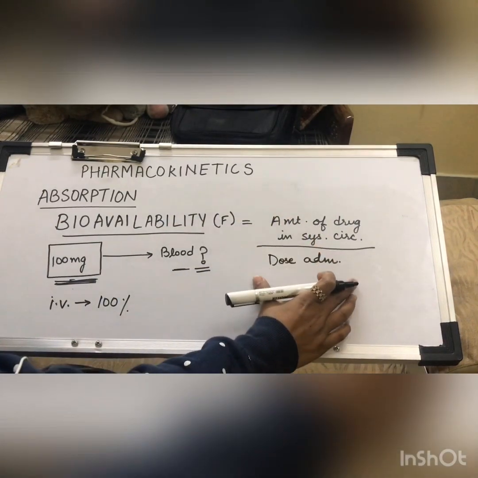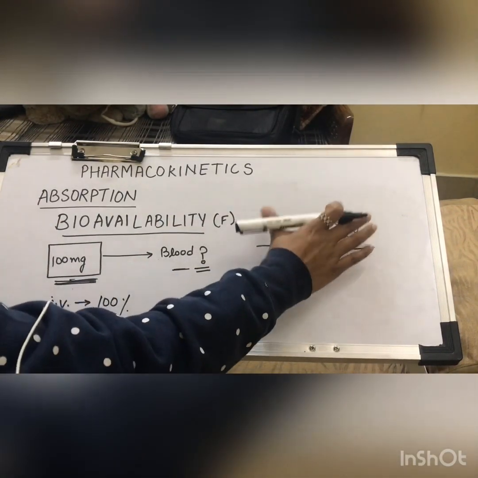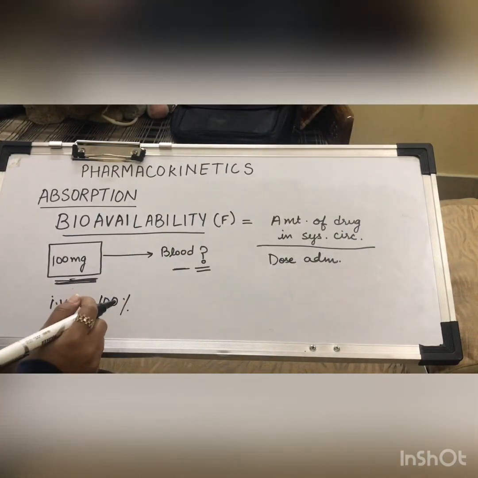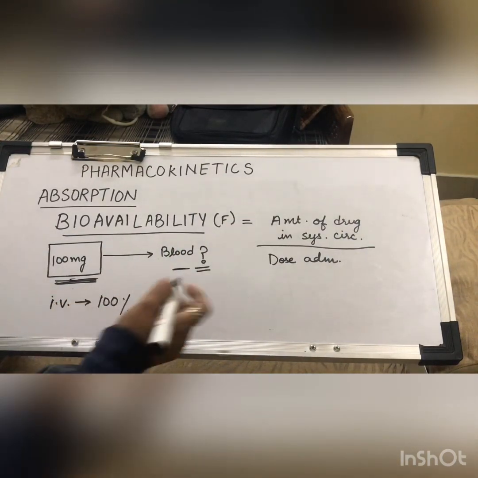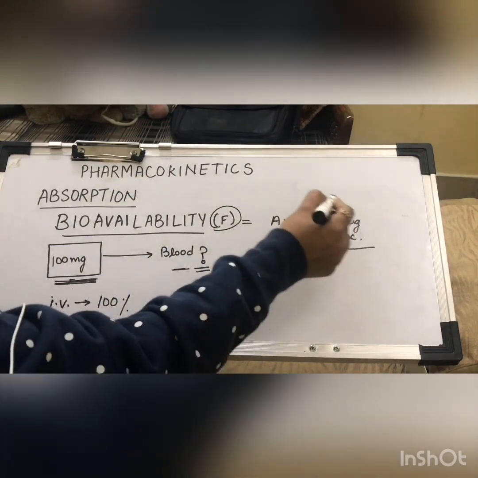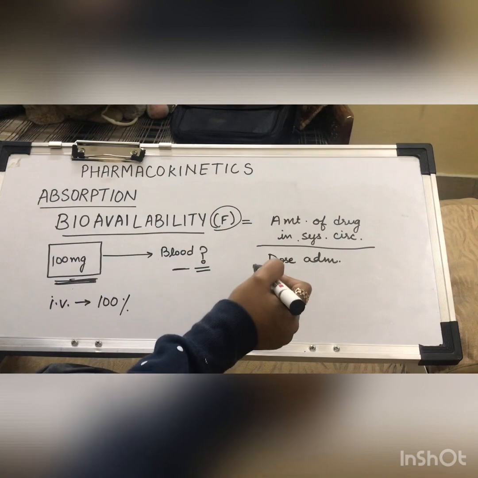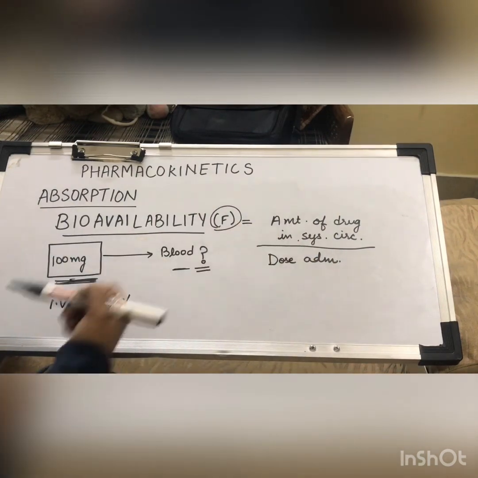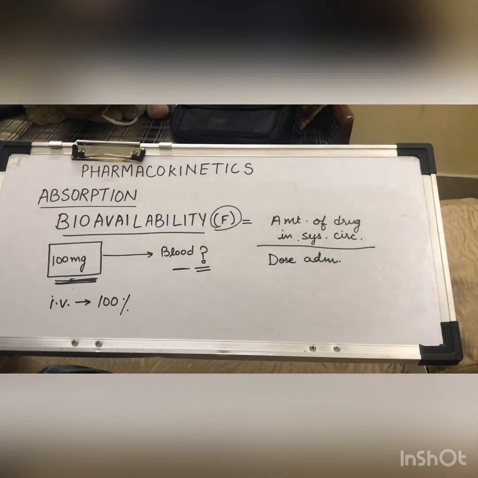The total dose you administered and the amount that reached the blood circulation. If you divide this, you will get your bioavailability, that is, how much of the drug has reached the systemic circulation out of the total dose administered.